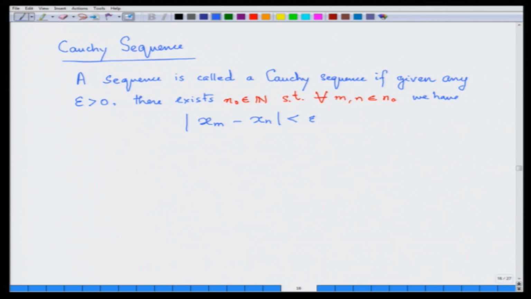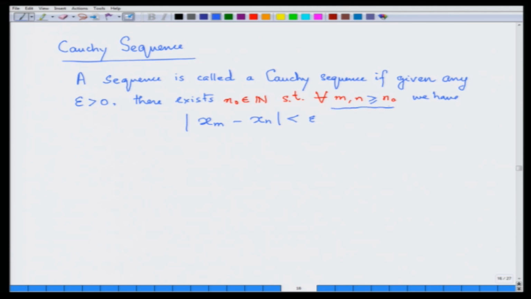It could be that your n is n naught plus 1 and your m is n naught plus 50 million, does not matter. The distance between them can always be made less than this epsilon once the n naught is given. Sorry, I had a mistake here. For all m, n greater than n naught, so you have to keep this in mind.